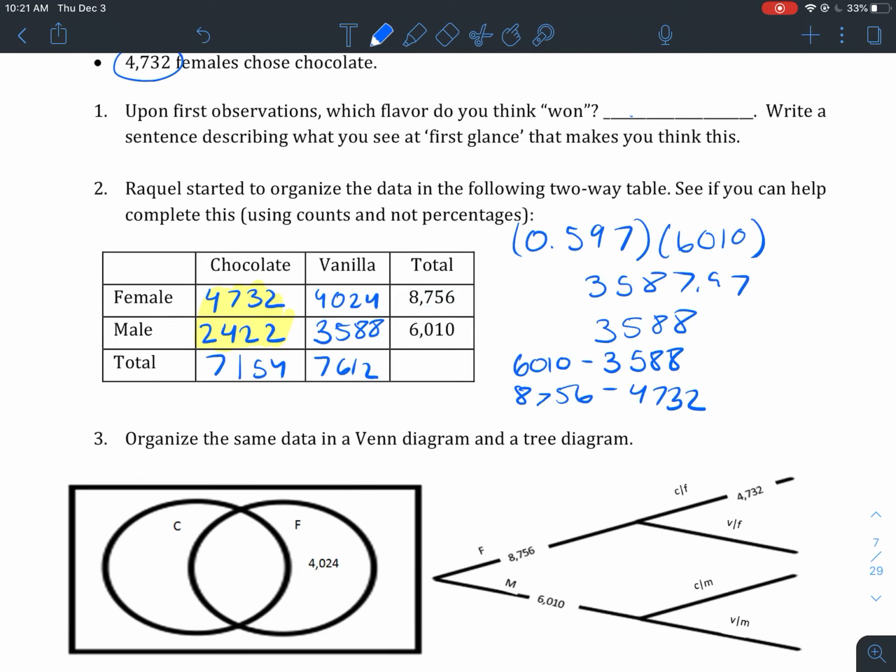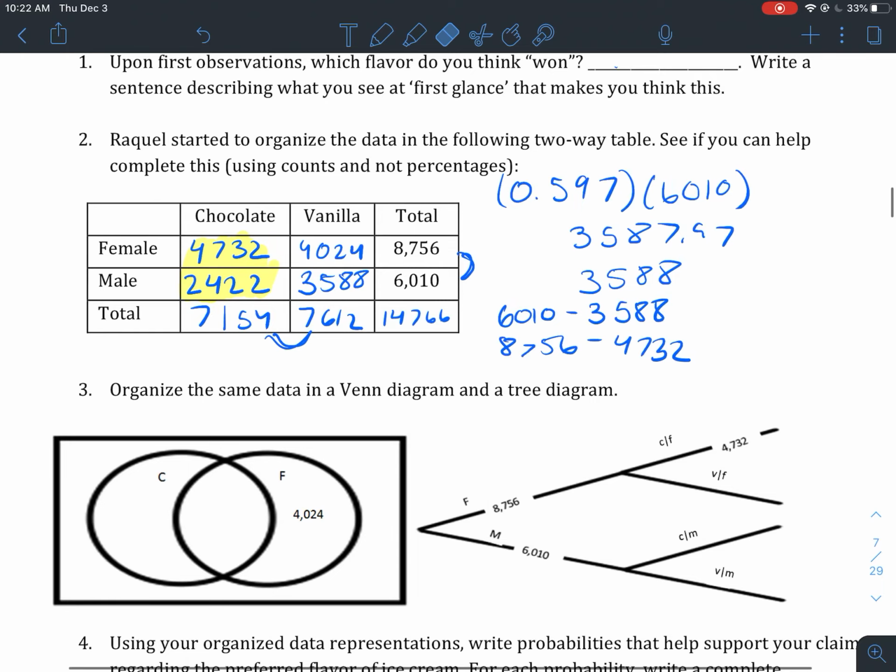Then the box for the total in all is the total number of males and females, or total number of people that were essentially surveyed. You can add up these two boxes to get your answer, or you can add up these two boxes. They both should give you the same value. And when you add them up, you should get 14,766. That is the total number of people that were surveyed.